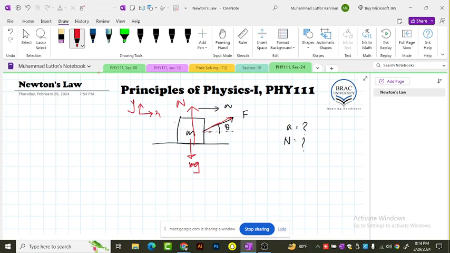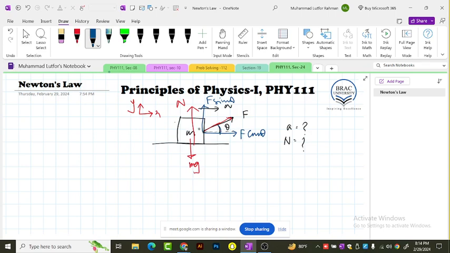So there will be a component of force F in that direction, which would be F cos theta, because this is the vector F, which makes the angle theta. And one more component, F sin theta, which is in the upward direction. Am I right?